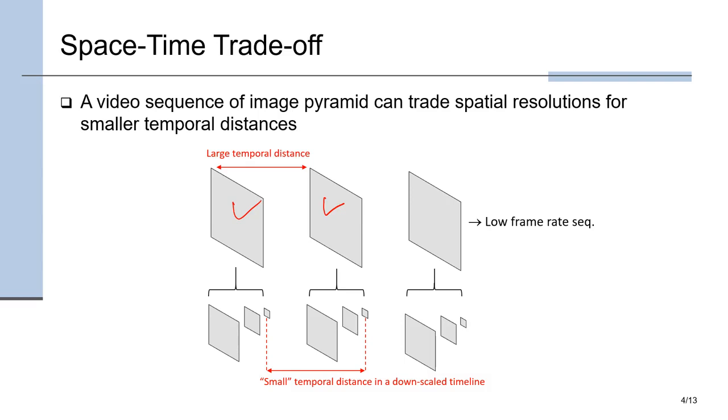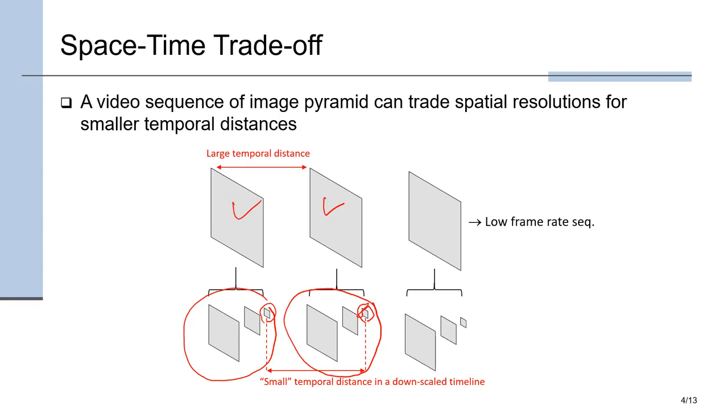However, if you generate image pyramids for each of the video frames, the scene will be much different, because for motion analysis, you can first try to perform the analysis on 2 consecutive frames with the lowest resolution, and effectively the temporal distance between low-resolution images will become much smaller, because when you scale down the image spatially, in some sense, you also scale down the temporal distance between 2 consecutive frames.